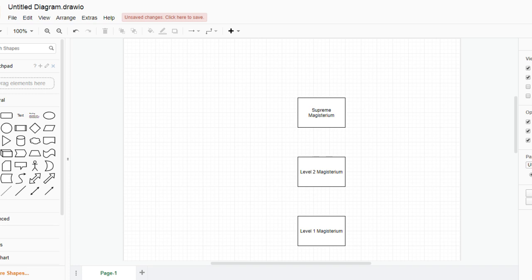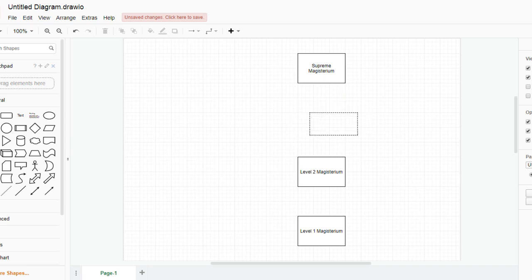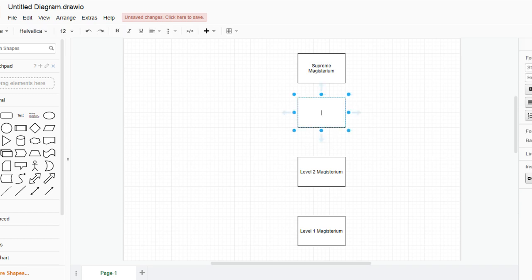And they all have a degree of separation. So let me actually qualify this, because there's going to be the immediate magisterium. Man, what's wrong with my typing today? Magisterium.